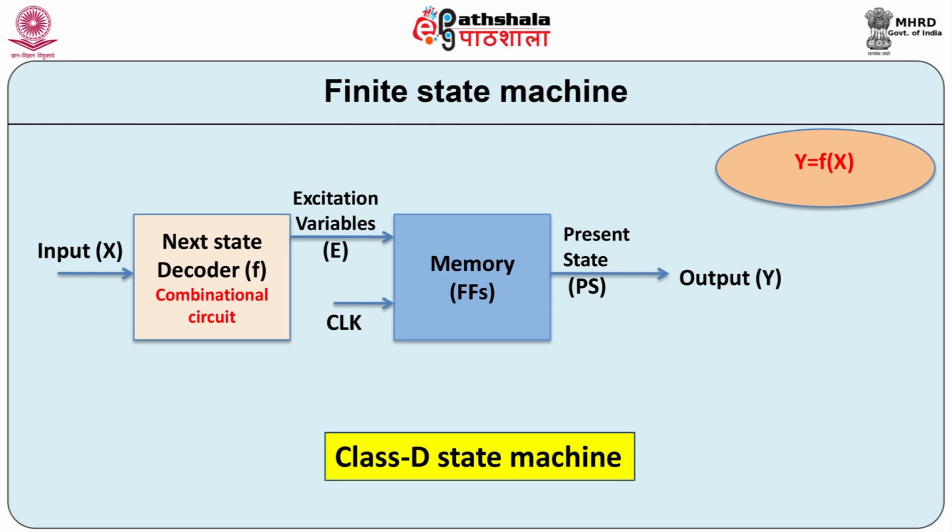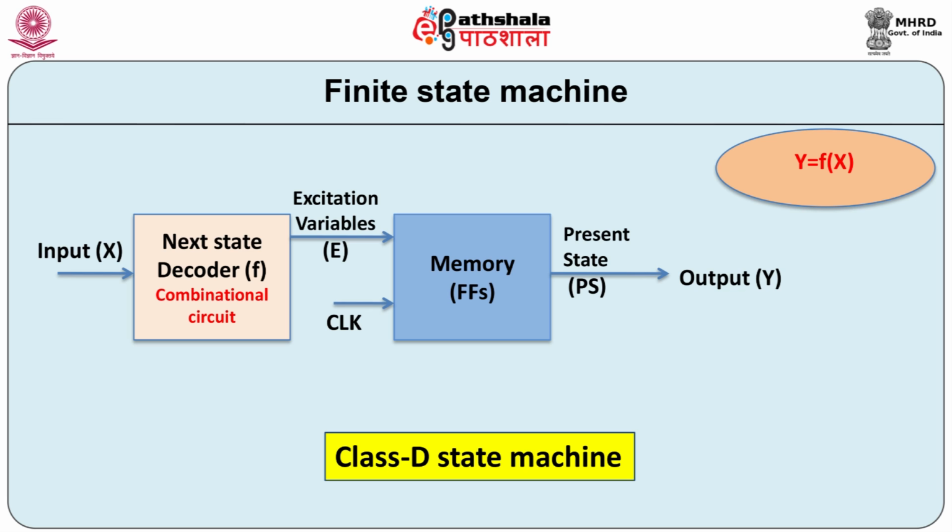In class D machine, the outputs are directly obtained from the output of memory, that is the present state of the state machine. The comparison of class D with class C state machines indicates that there is no feedback of present state to decide the next state. The next state is decided directly by the input combination.